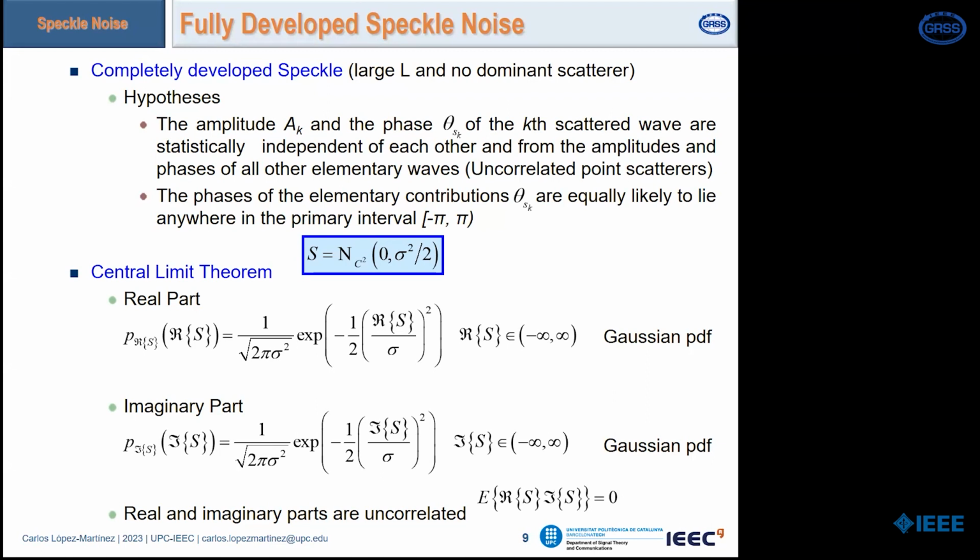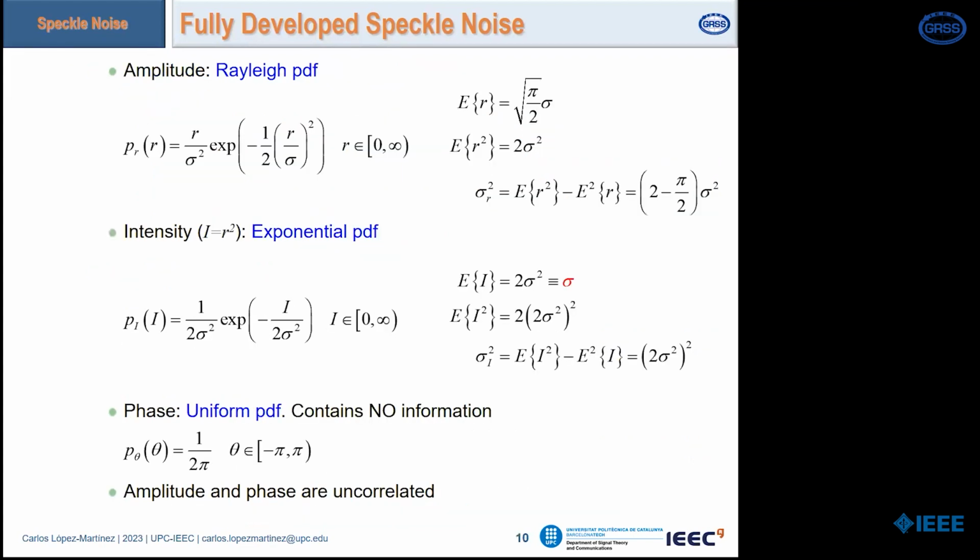Every time we work with a distribution, we are interested in the PDF, and if we don't have access to the PDF, we have access to the moments. So the real and imaginary parts follow a zero mean Gaussian, by the way, and both are uncorrelated.